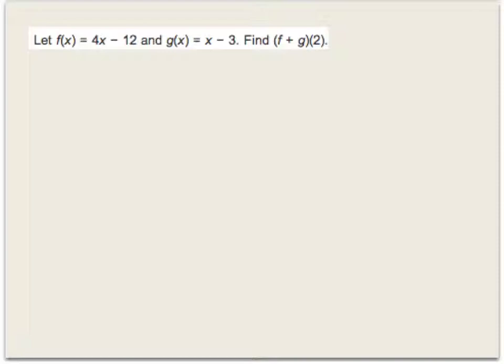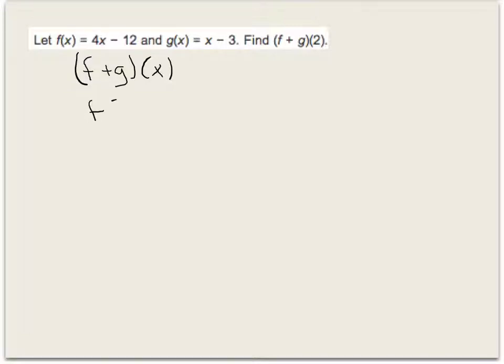So let's say I have 2 functions here. F of x equals 4x minus 12 and g of x equals x minus 3. And I want to find the sum of f and g when x equals 2. So the first thing I want to do is find what f plus g of x is. So I'm going to add my two functions together.